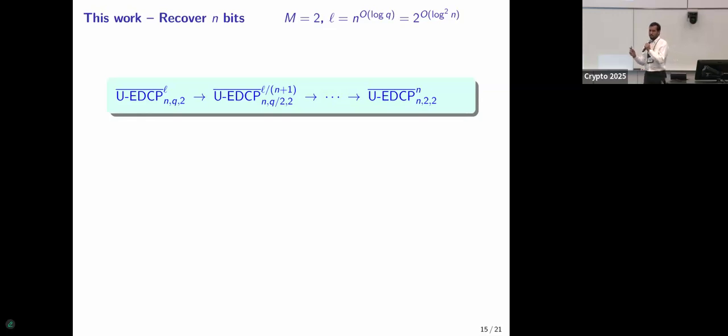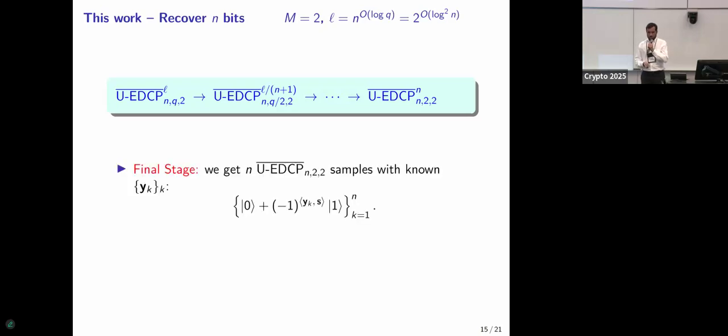So the total number of samples we need in the starting is n to the power log Q, because at each step we absorb n+1 many samples, and we are going from Q to 2, where Q is a power of 2. So we need n to the power log Q samples, which is 2 to the power big O of log square n. And that's the final sample we get after this chain of combination.